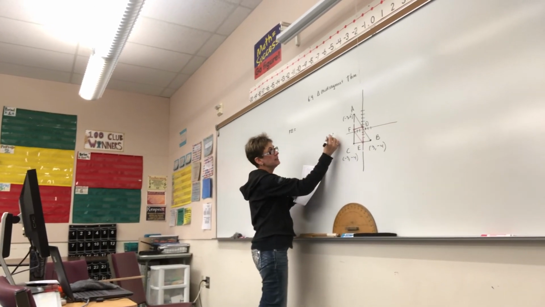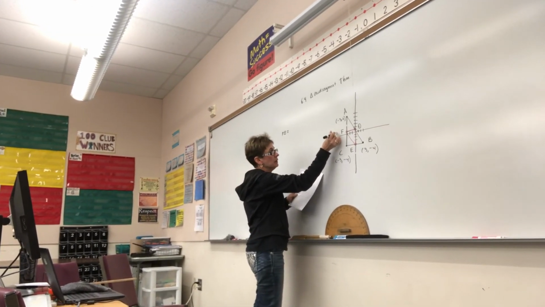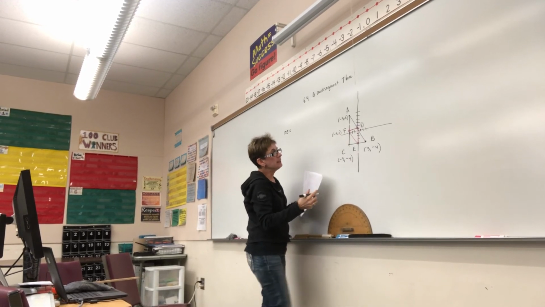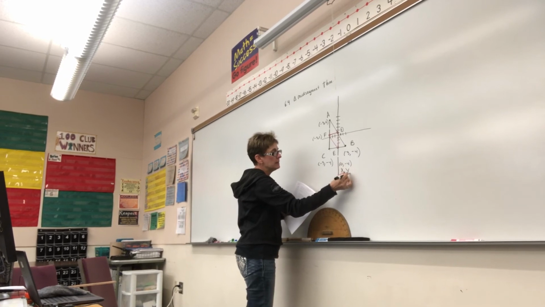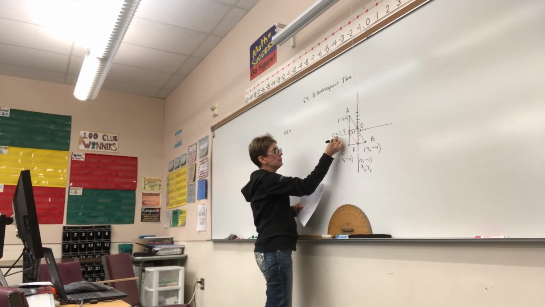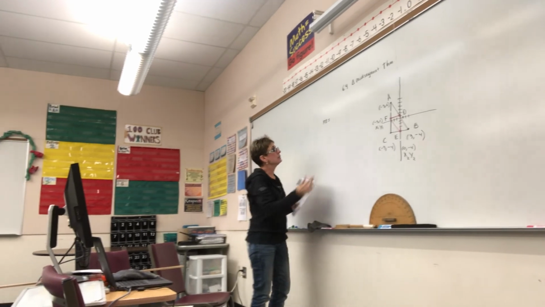So F is at -3, 1, and E is at 0, -4. So I can label, if I want, x1, y1, and x2, y2.